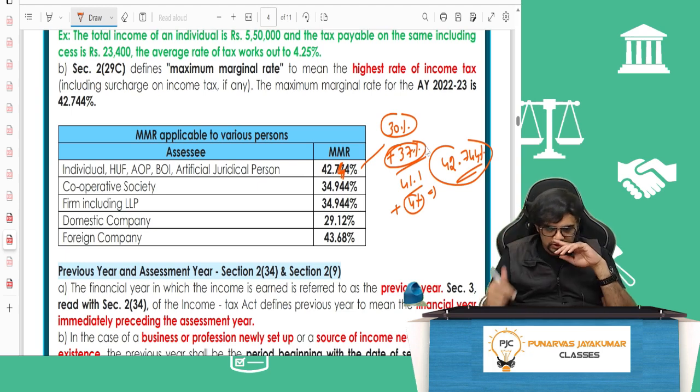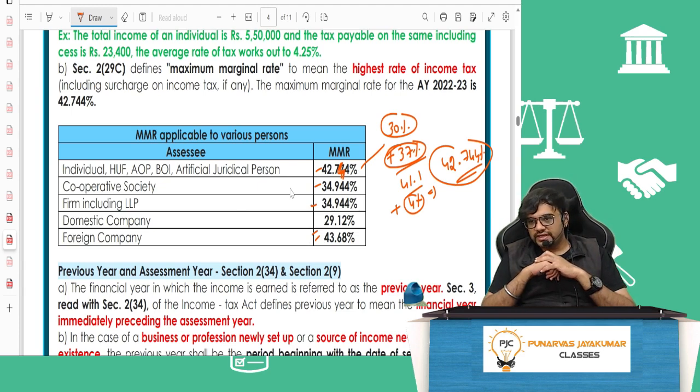So you need to just keep in mind all these things. Why do we need to remember MMR? Because as a penalty sometimes they will say, if you don't pay taxes, if you don't do this, if you don't do that, amount will be charged at MMR. Means how much tax you have to pay? MMR, 42.744%.